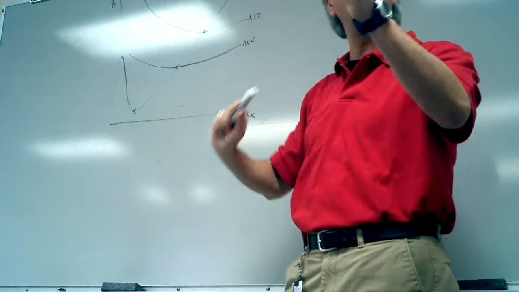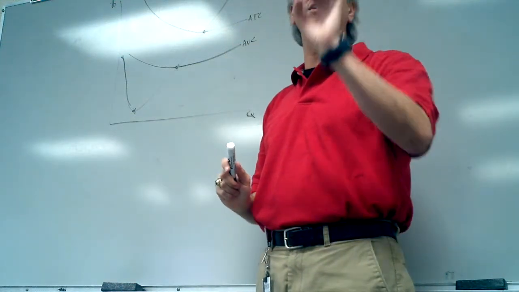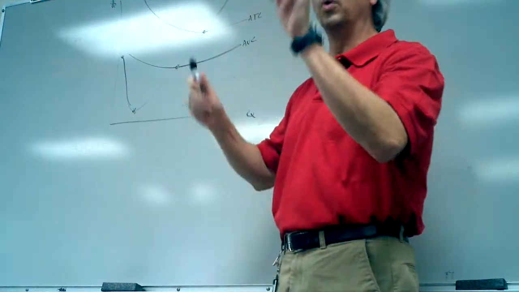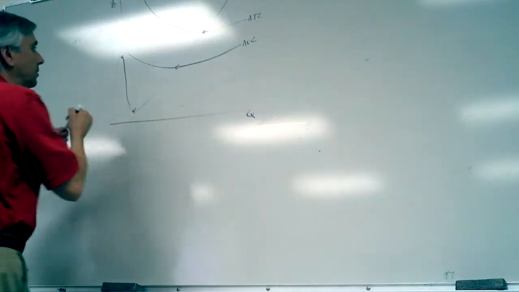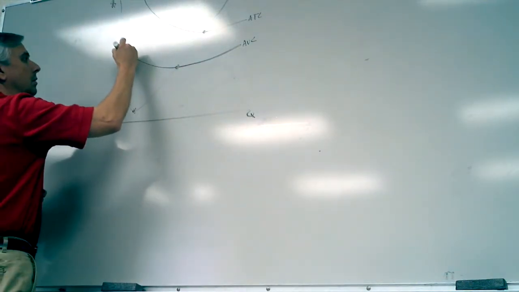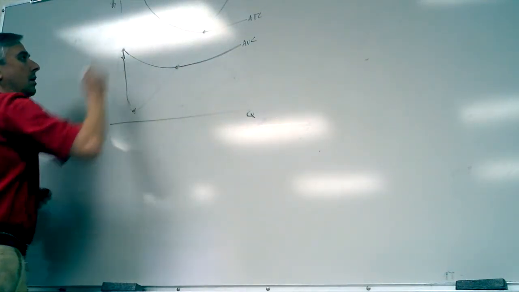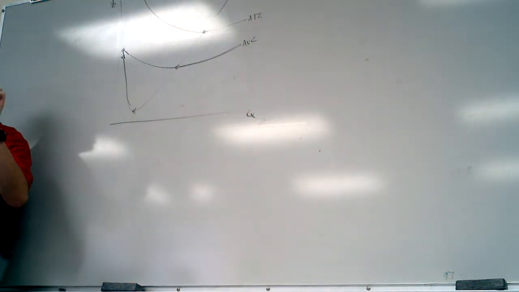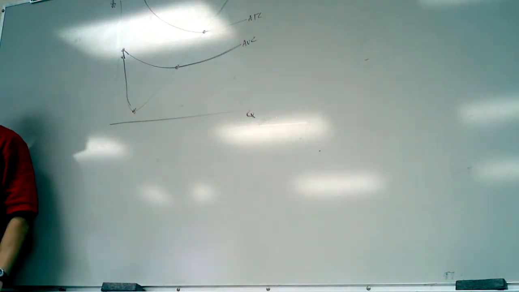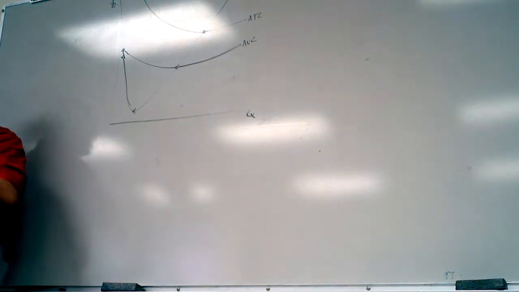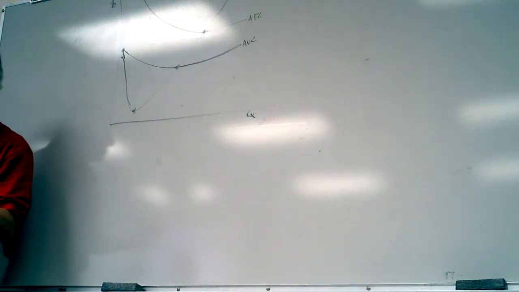Yes? Yeah. Now, the marginal cost is the cost of an additional one. Yes? Well, if we start right here, the marginal cost for 1 is the same as the average variable cost for 1. Because the only cost associated with making 1 unit is variable costs, because the fixed costs are associated with making 0 units.